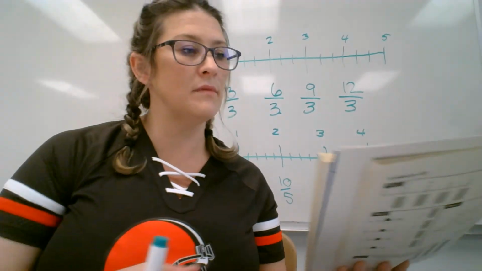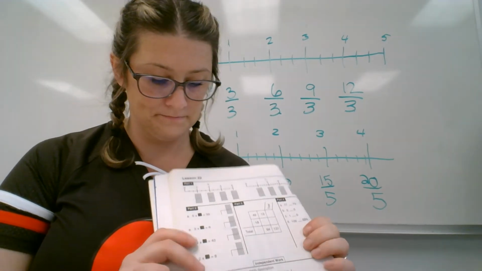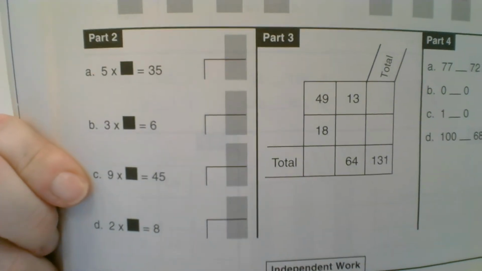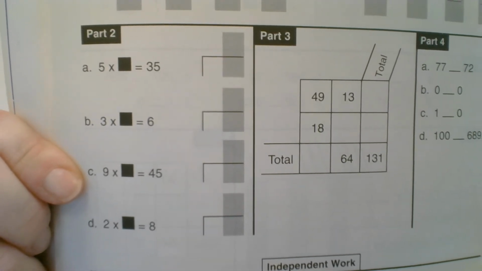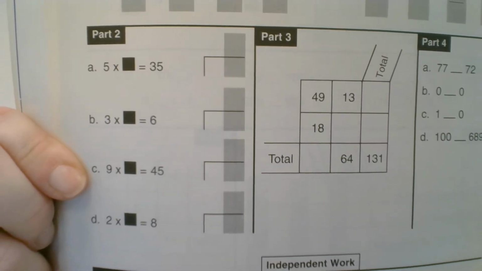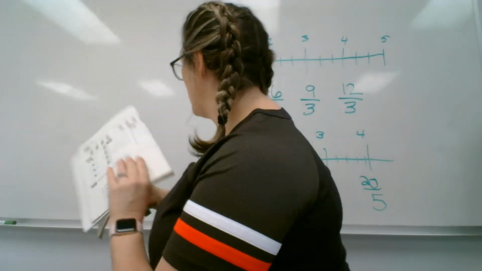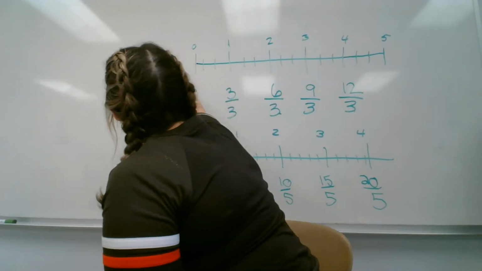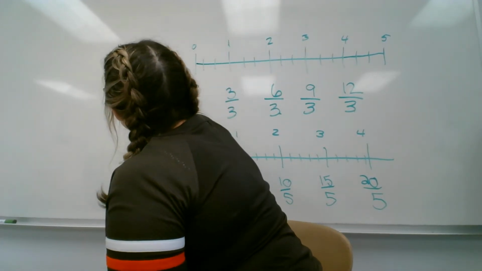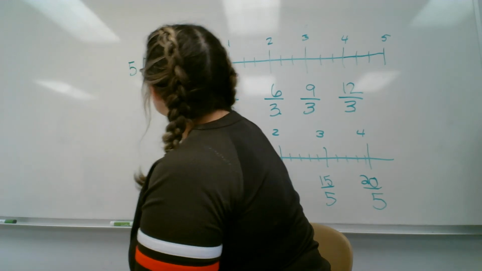You're going to write multiplication problems as a division problem. Problem A, 5 times blank equals 35. You're going to rewrite that as a division problem, okay? So, 5 times blank equals 35. My first number goes here, and my last number goes here.